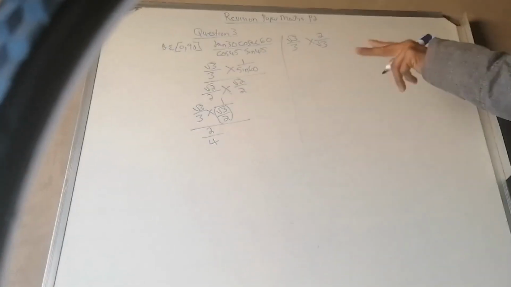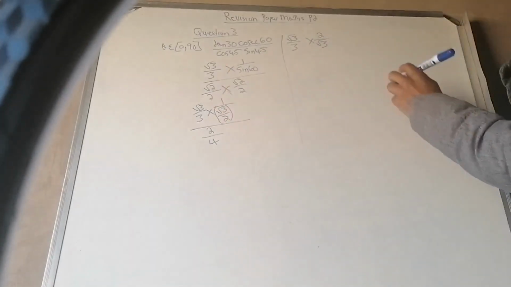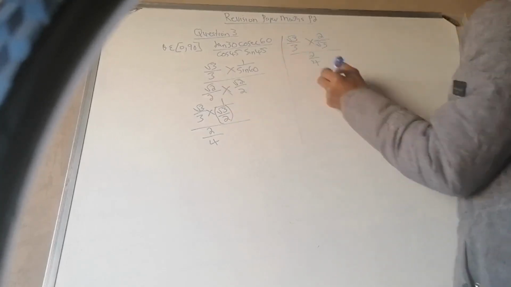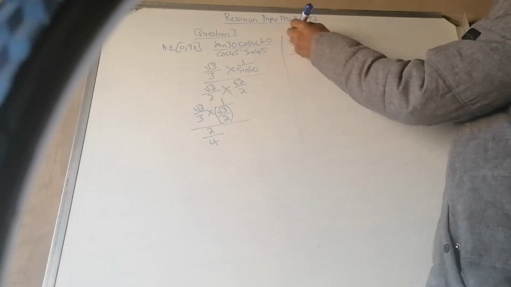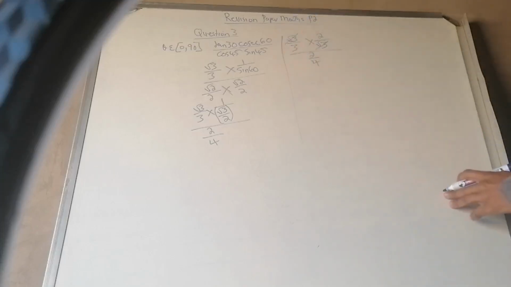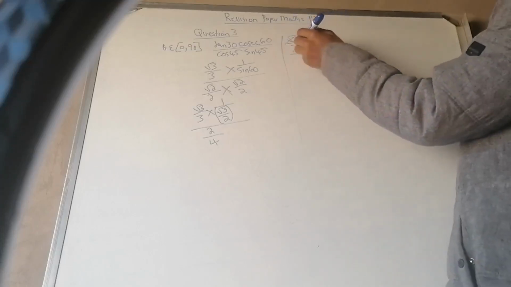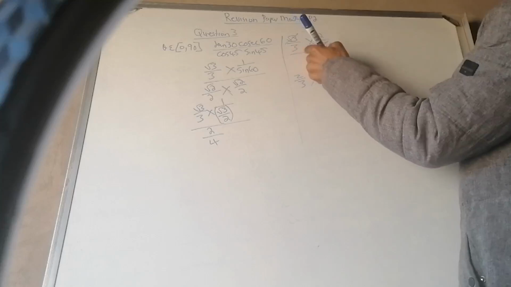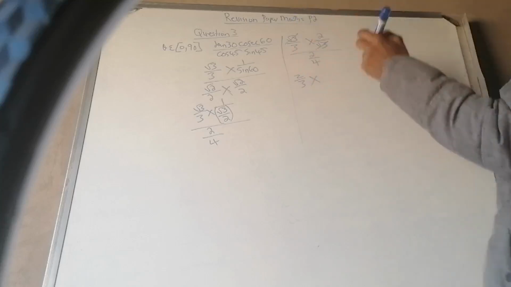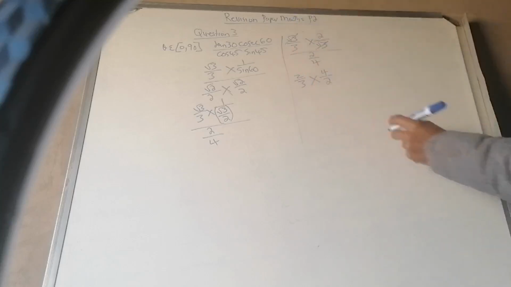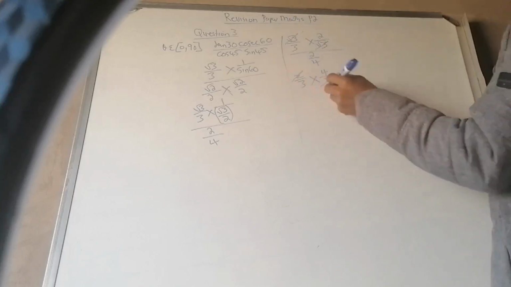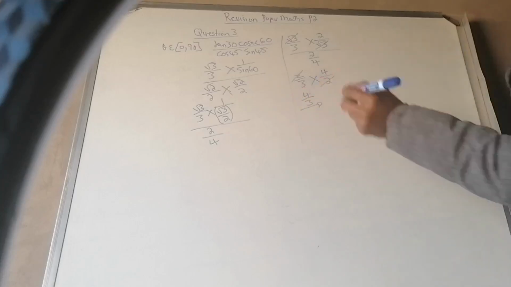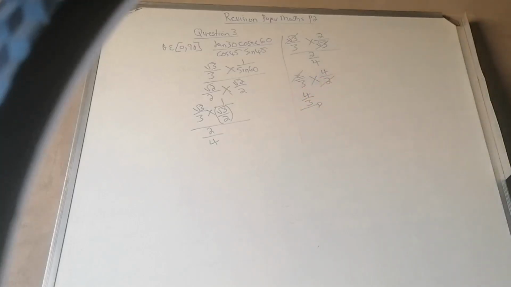Then divide by 2 over 4. The root 3s cancel, and you have 2 divided by 3. Changing division to multiplication again, this into this goes once, and you have 4 divided by 3 as your final answer.